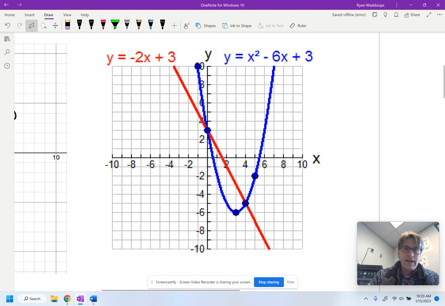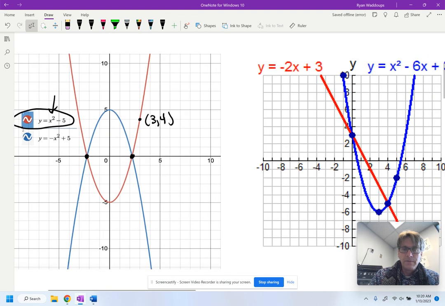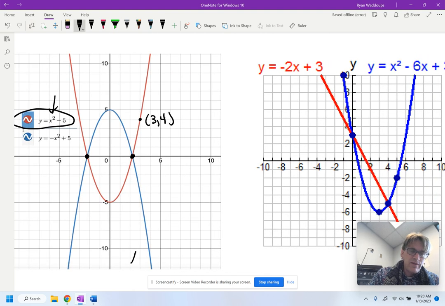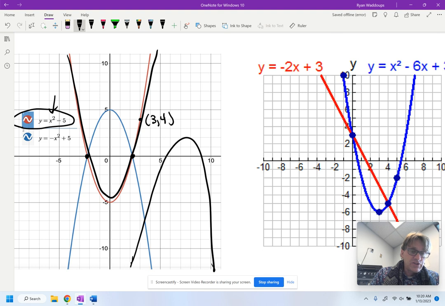Likewise, if you had two quadratics, two parabolas, you might have a situation where you have a parabola that goes up like this and one like this, and they may never intersect, so they would have no solution for that system because they don't have any points in common.